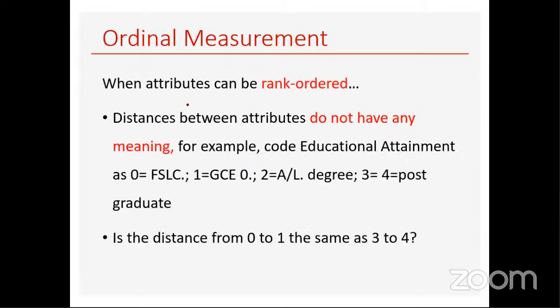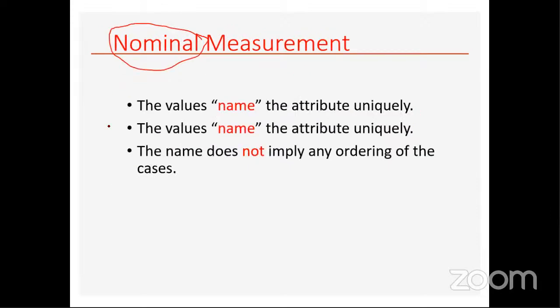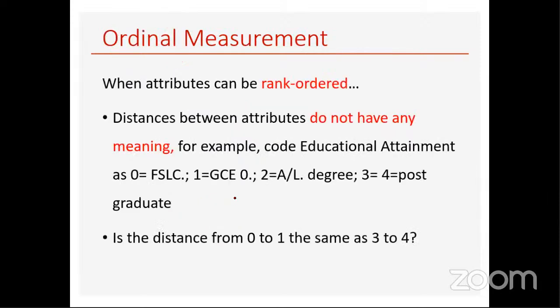For instance, if we have a variable like gender, and we give the value 1 for male and 2 for female, we are in no way saying that 2 or female is better than male or twice as good as male. The next is the ordinal level of measurement.